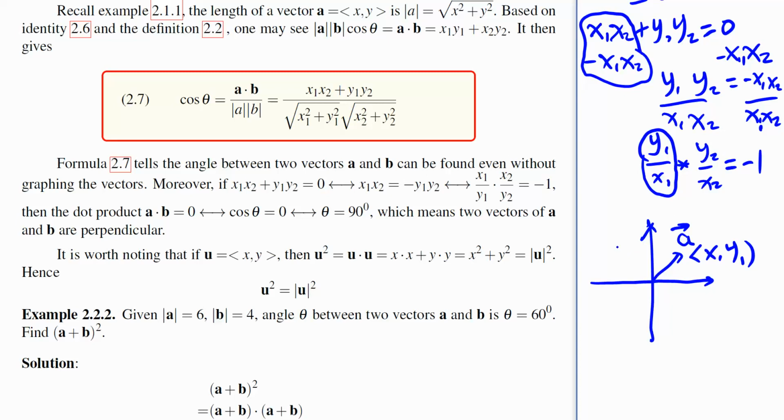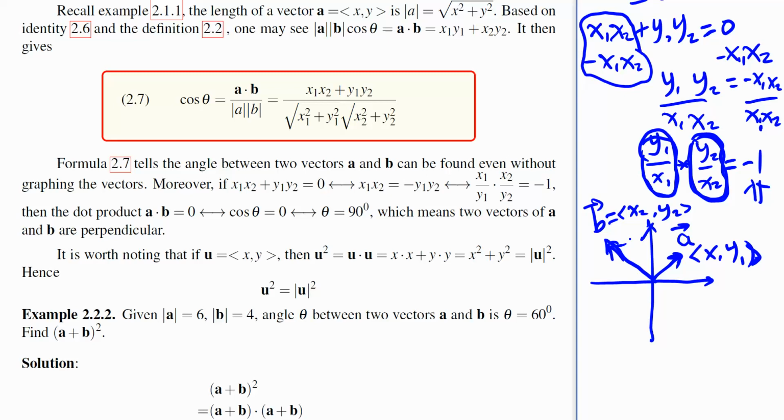And if this is B here, x2, y2, this will be the slope for vector B. So that means if one slope times another slope, you get negative 1, then you know two vectors will be perpendicular.